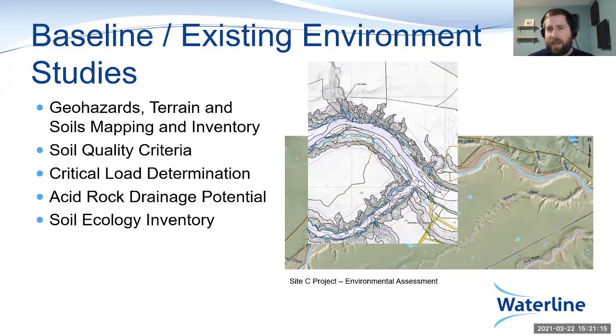I will say, a bit of a soapbox moment, but really right now there's not very much in the way of soil ecology being done at the environmental impact assessment stage of projects. I think that's a problem, especially as we start to look at reclamation and the needs of the soil in the distant future.